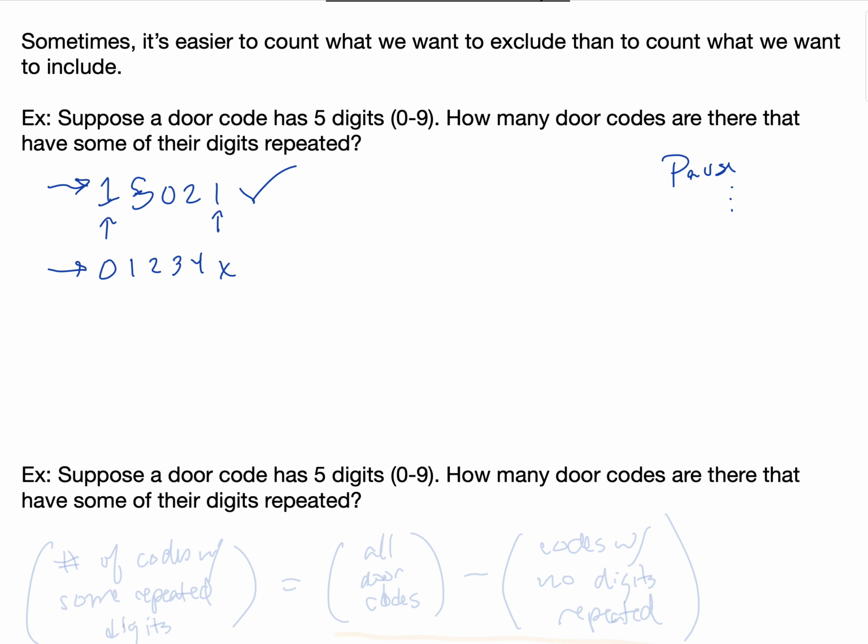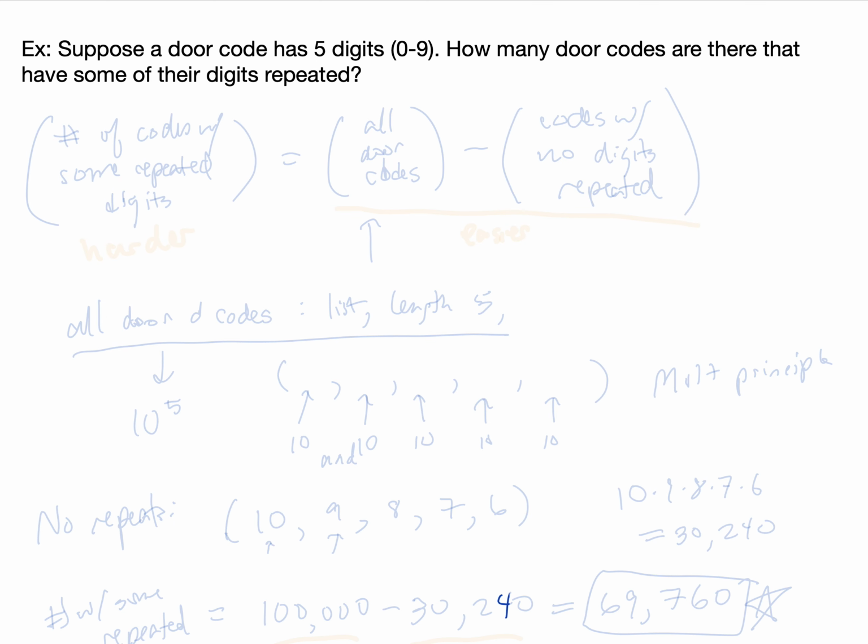Okay, so how many door codes are there that have at least some of their digits repeated? One way we can think about this is, again, by counting what we want to exclude rather than what we want to include. The number of codes with some repeated digits is equal to all possible door codes with 5 digits from 0 through 9, and then take away the ones we don't want.